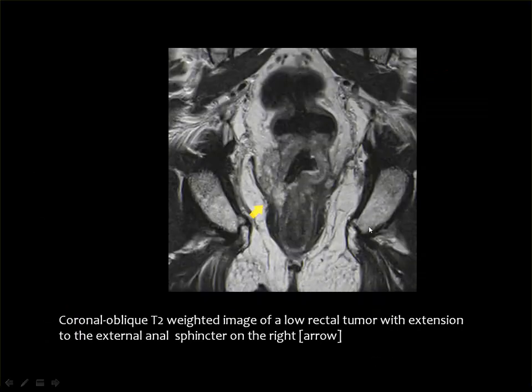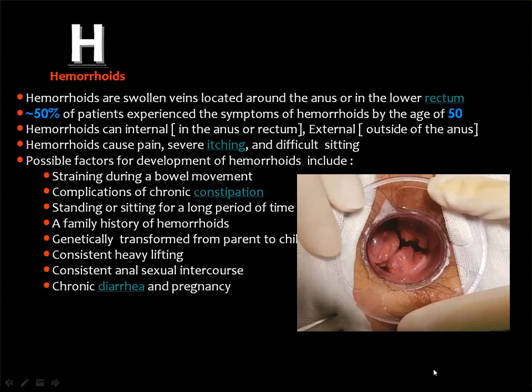And this is also an example of lower rectal cancer that has extended to invade the external anal sphincter on the right side. Remember, this is the internal anal sphincter, and this is the external anal sphincter on the left side, which are intact. And the external anal sphincter is involved.